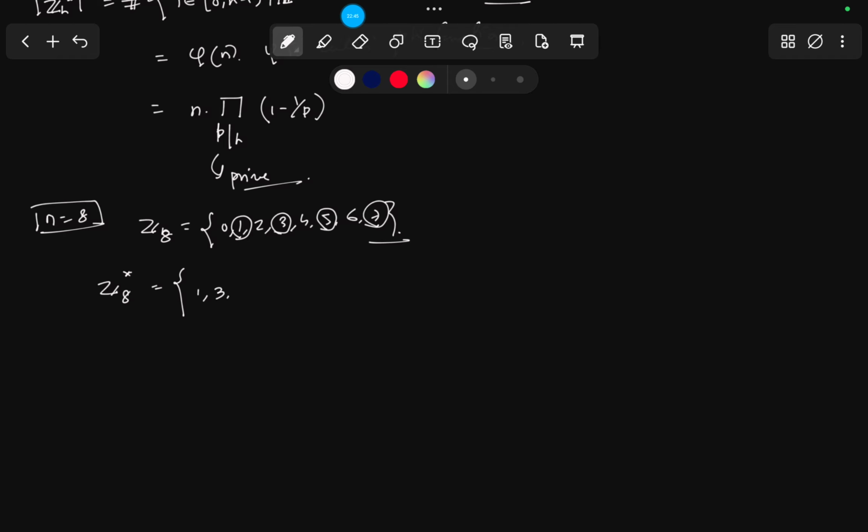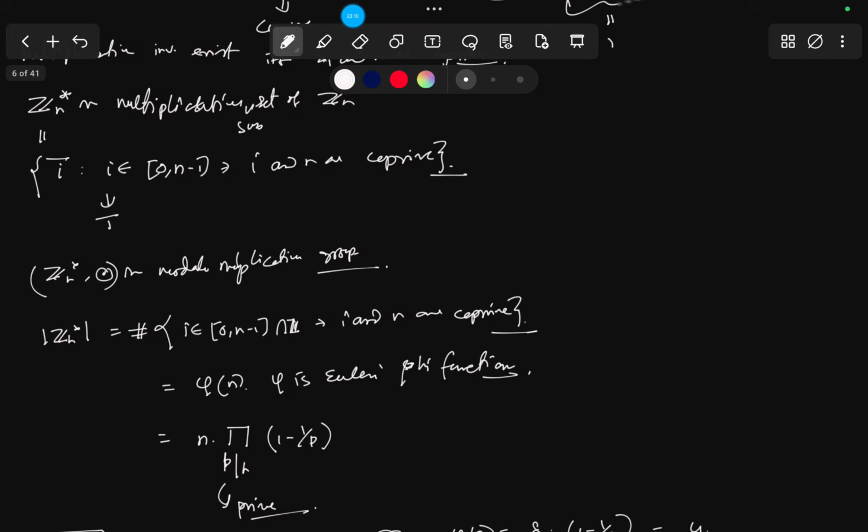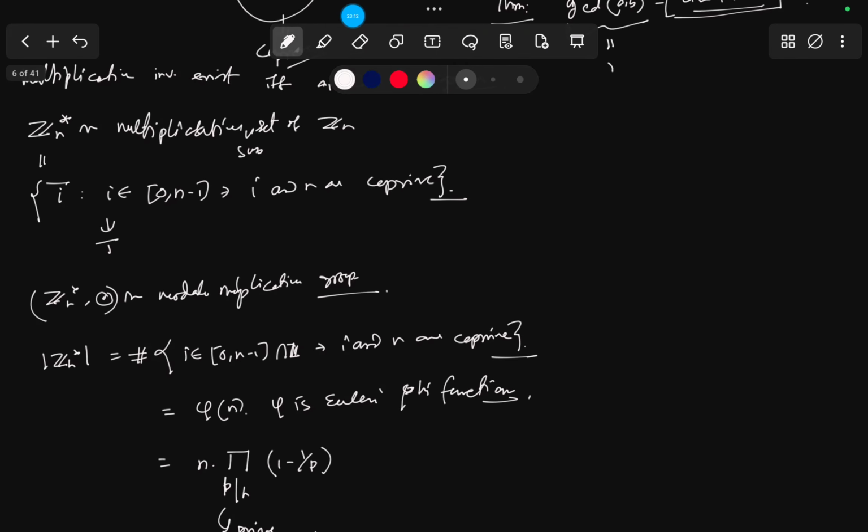In fact, what is phi of 8? Phi of 8 is basically 8 times 1 minus 1 over 2, which is 4. That's why the cardinality of Z8 star is phi of 8, which is 4. So we have got that Z mod nZ star is a multiplicative group with respect to modular multiplication.